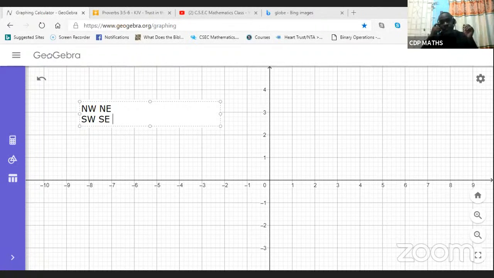And you learn further in mathematics about bearings, right? They measure the location using degrees.